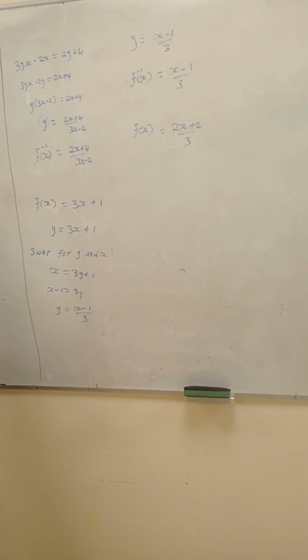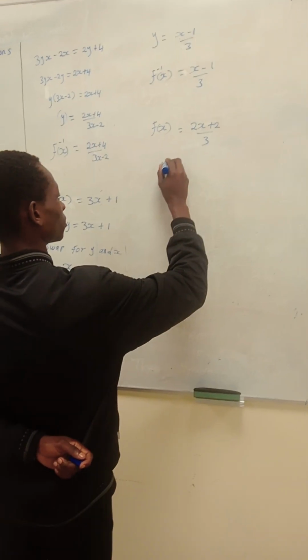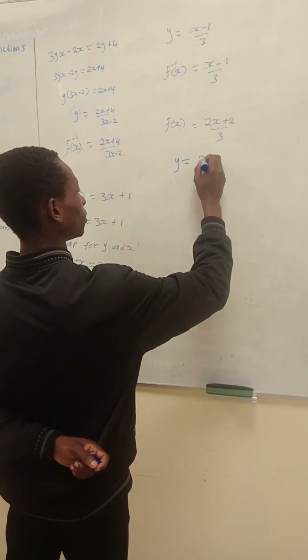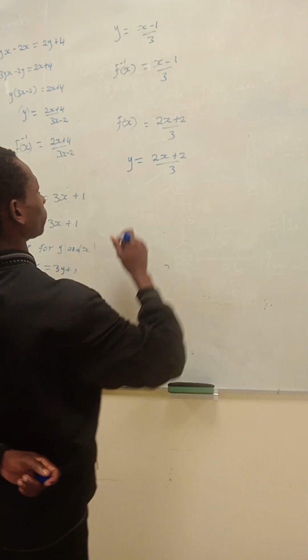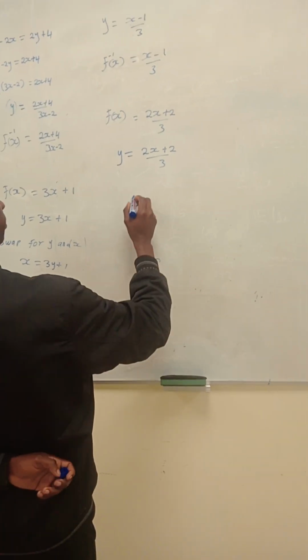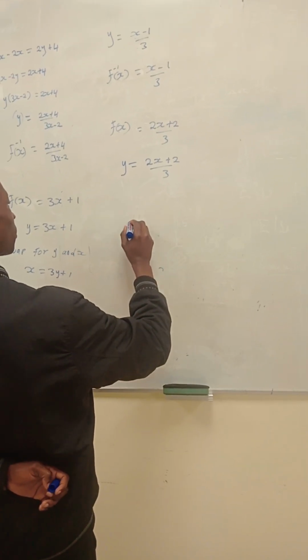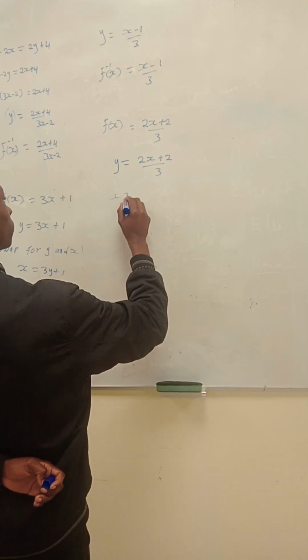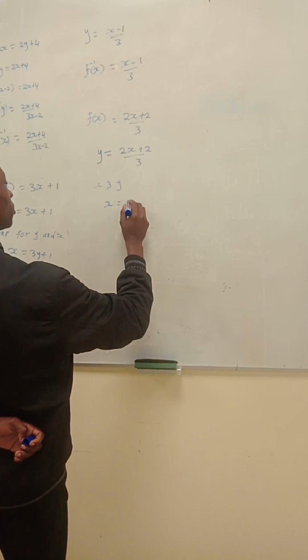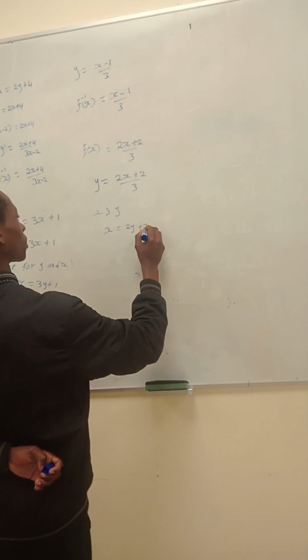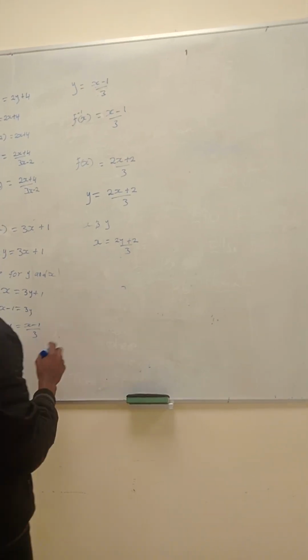So let us follow the same procedure. The function becomes y is equal to 2x plus 2 all over 3. So we swap the values of x and y, that is x is equal to 2y plus 2 all over 3.